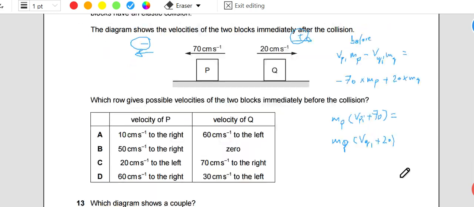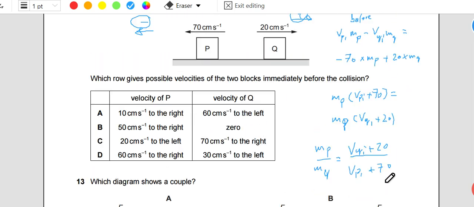And after that, find MB over MQ to be (VQI plus 20) over (VBI plus 70).